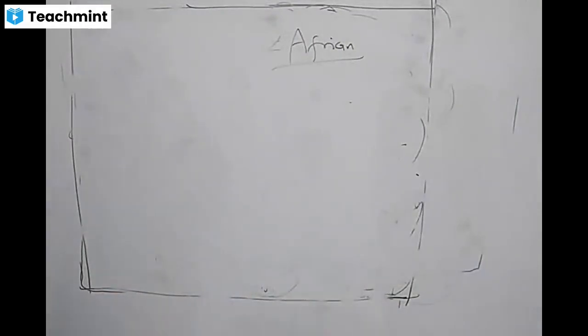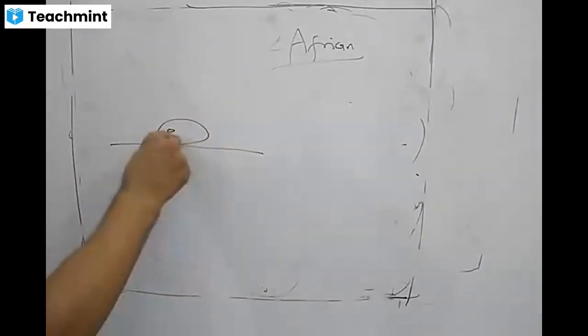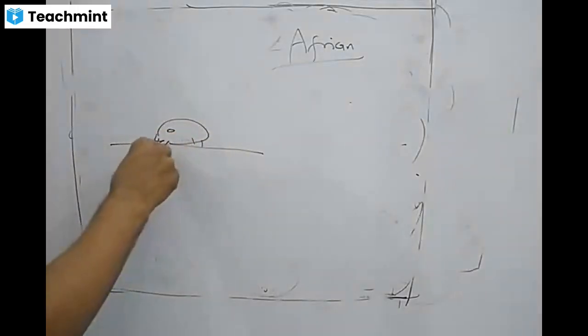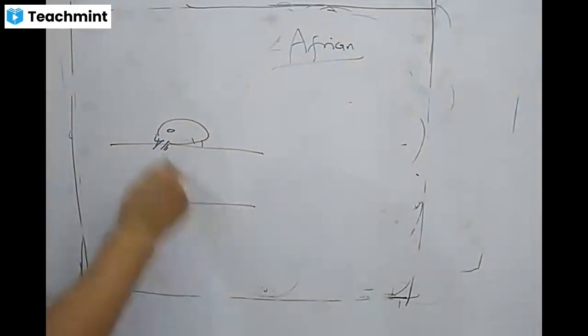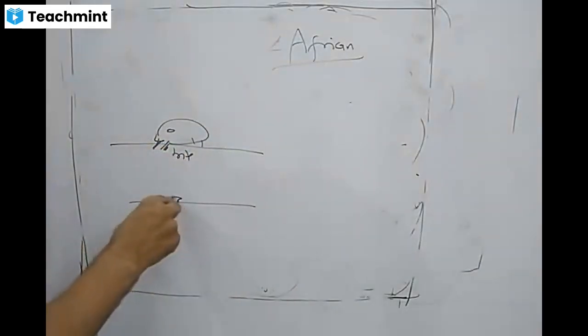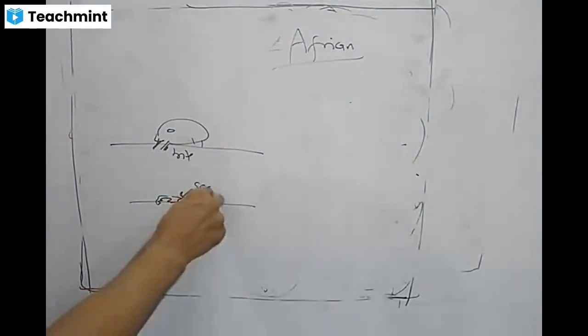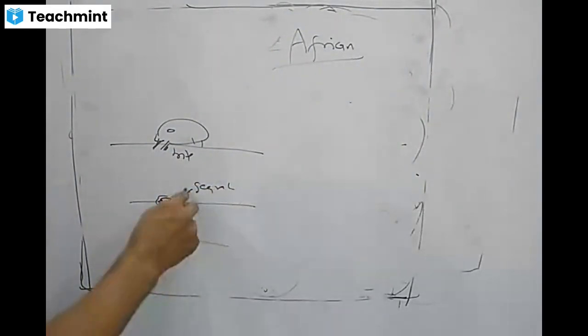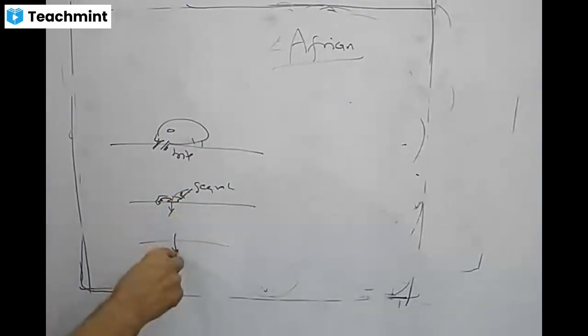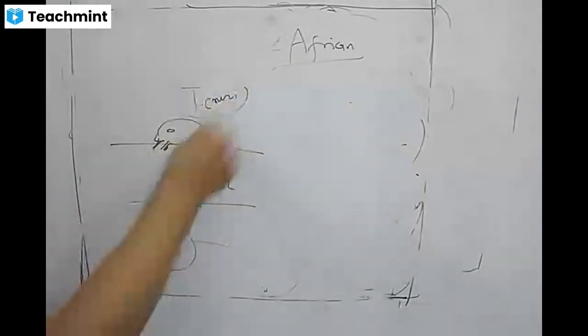Suppose this is your skin, and the bug bites you, then because of the bite, there will be some abrasions, and you do the scratching, and because of that scratching, the parasite will enter inside. So this is your reduviid bug related with cruzi.